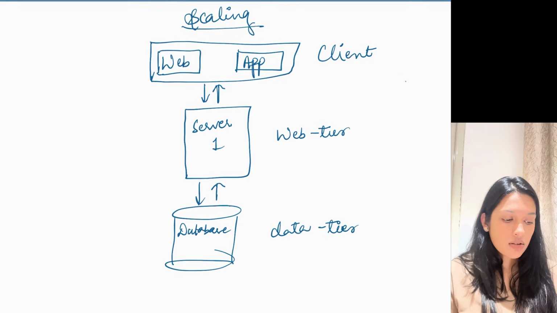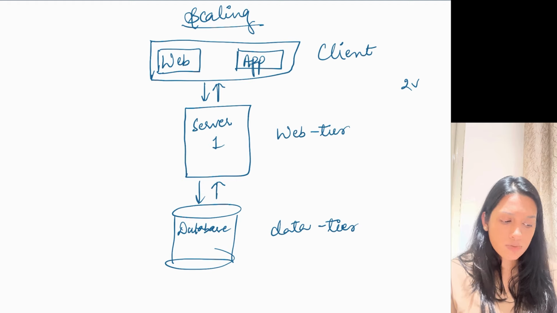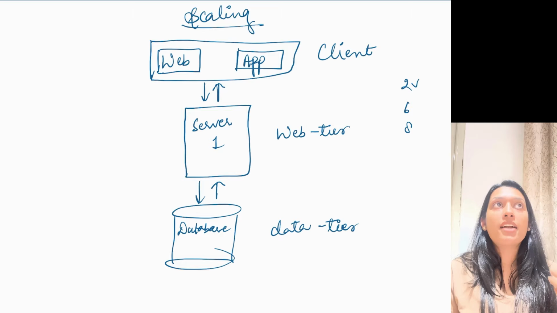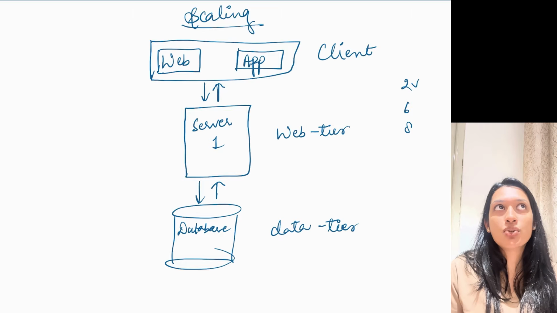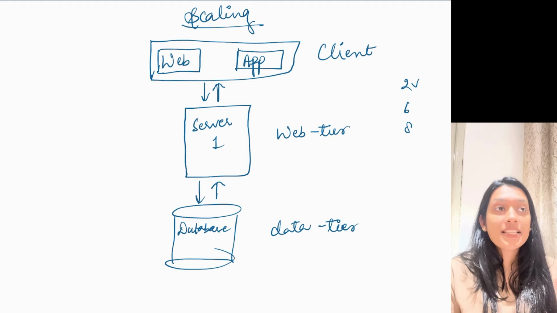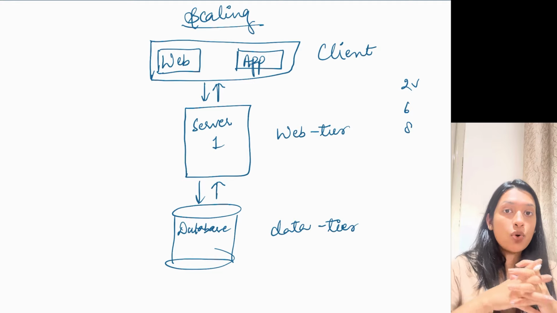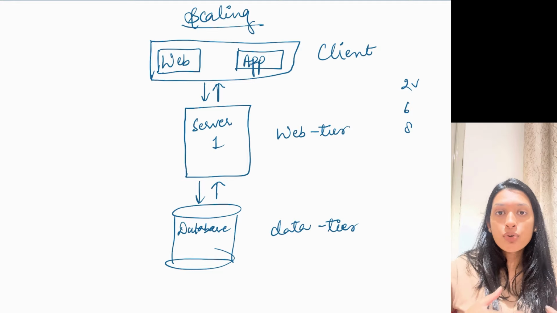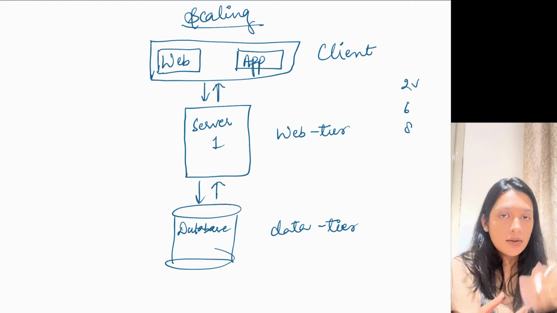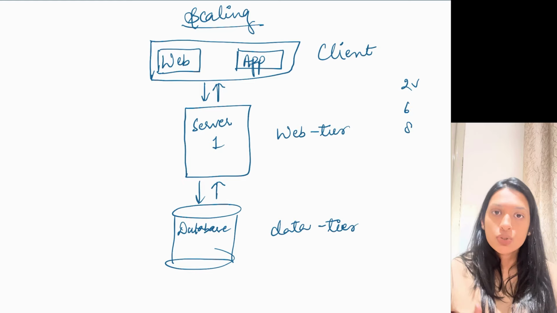As of now I'm using, I would say, a 2-core CPU. I could increase it to 6-core or 8-core. And for the memory, as of now I'm using 8 GB of RAM, I could increase it to 16 or 32 GB. But there is a hard limit to it. Can I just go on adding more and more cores and more RAM? No, I can't. At a certain point, beyond that I can't add to their configs.